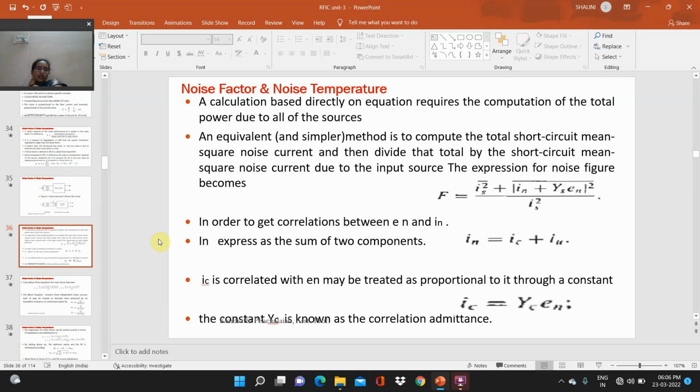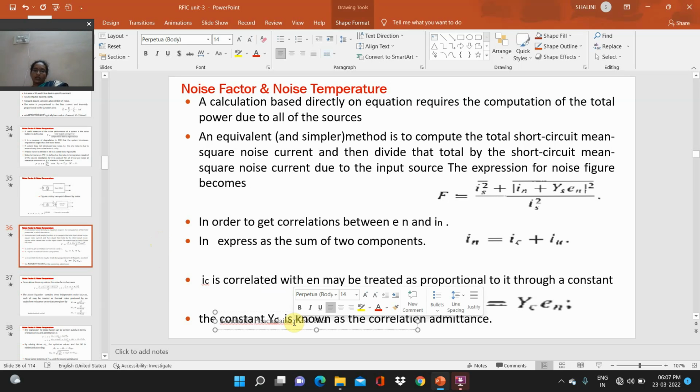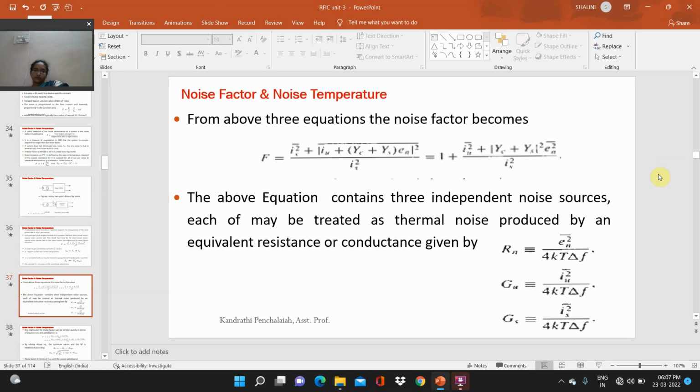I_c, which is correlated with E_n, may be treated as proportional to it through a constant, I_c is equal to Y_c into E_n. The constant Y_c is also known as correlation admittance.